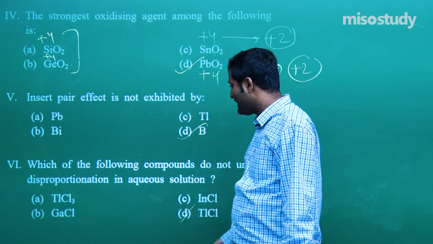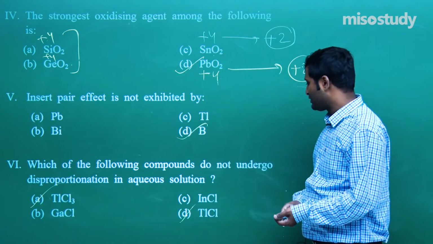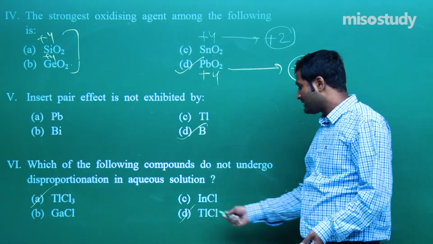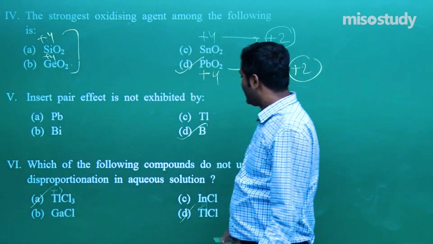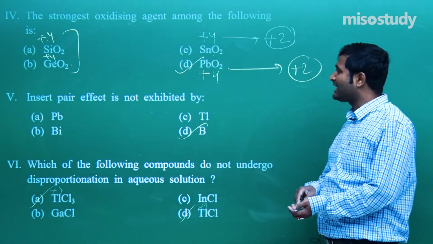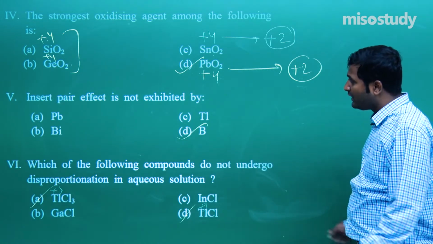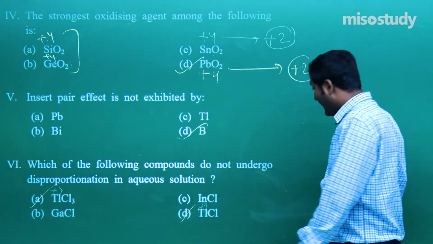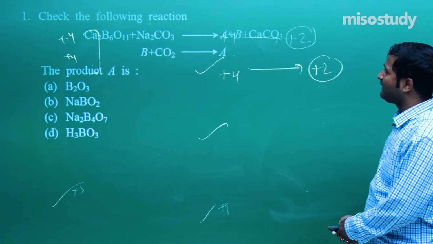TlCl and TlCl3 do not undergo disproportionation reaction. Here is the +1 oxidation state and here is the +3 oxidation state. Clear to you? I think you can solve such kinds of questions very easily if you have a strong command of theory. So friends, I think we have completed this topic, and let's review the questions again.